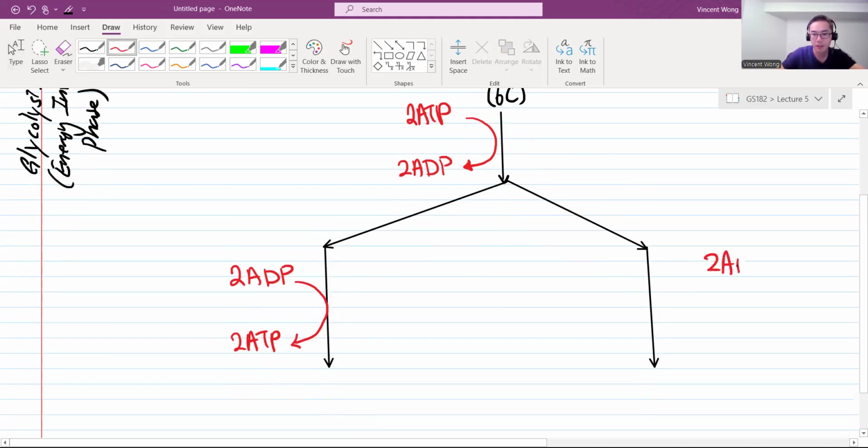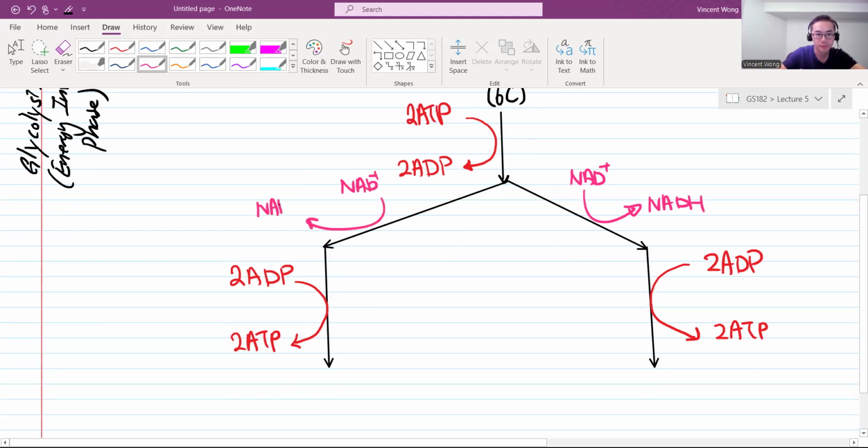Same thing's going to happen on this branch. All right. And at the same time, we're going to be releasing high energy electrons, and we will be capturing them with NAD+. Okay, so there you go.